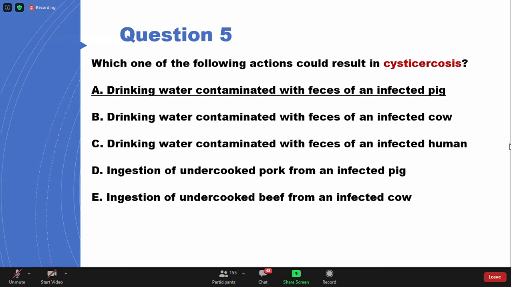Are you following, Bushra? So that cannot give you eggs. Remember, it's the eggs that will develop into the cysticerci in the different organs of the body. So D cannot give you that. D will give you intestinal infection. Are you clear now? Any other comment?